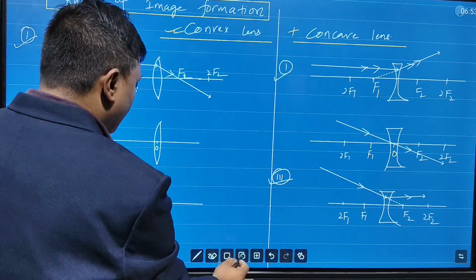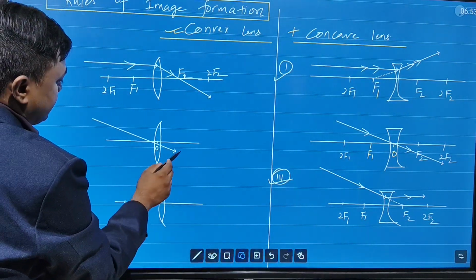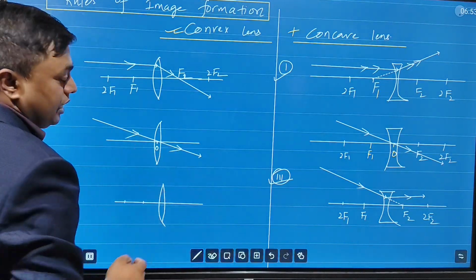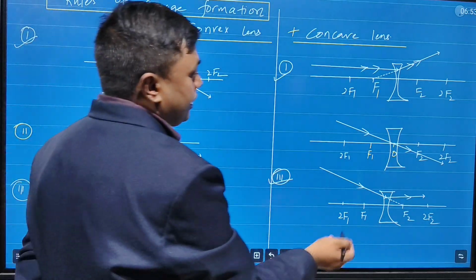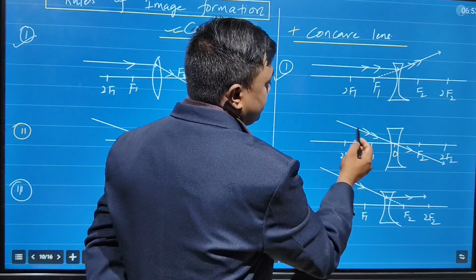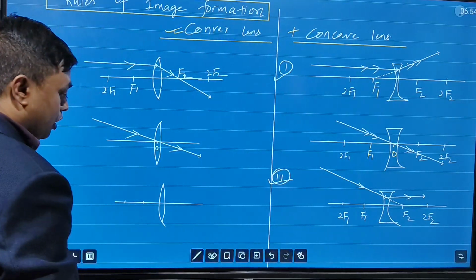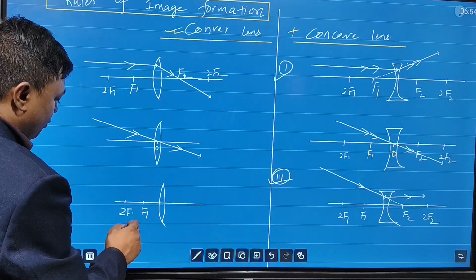Now rule number two: if any ray of light passes through the optical center, it will go undeviated. This is true in case of a convex lens, and in case of a concave lens also. Rule number three: let's take this as f1 and this as 2f1.